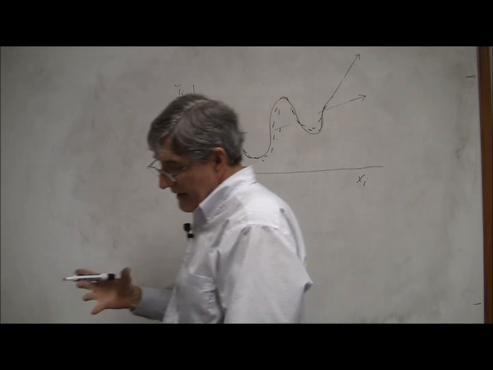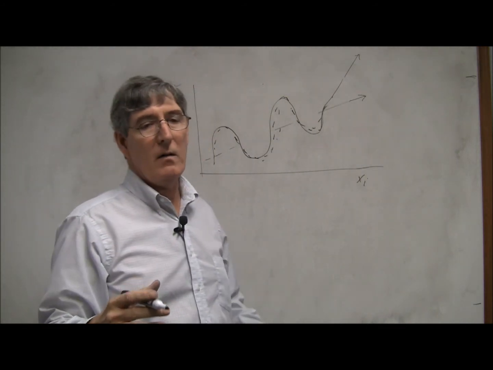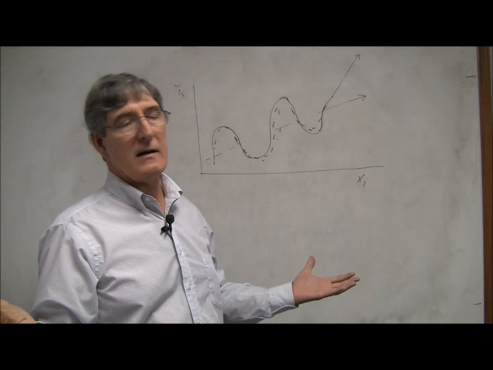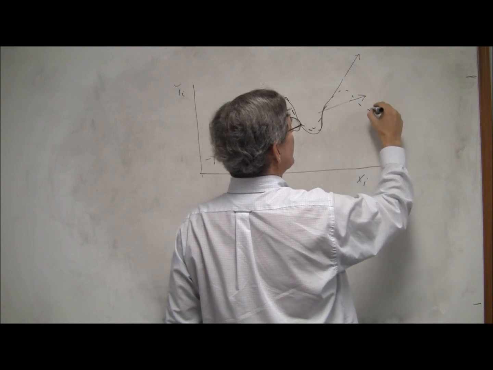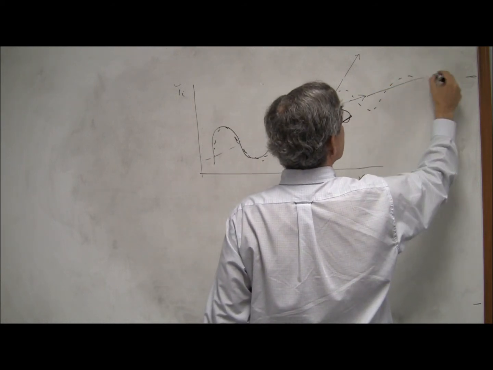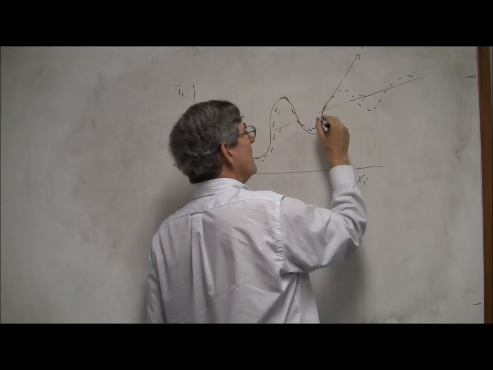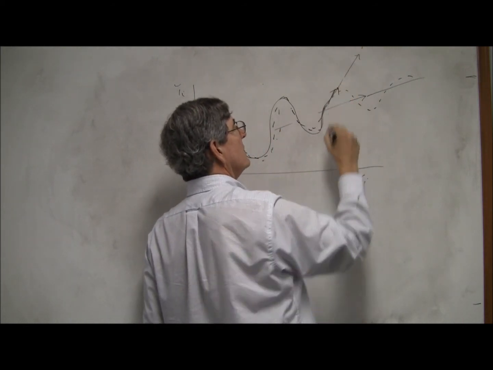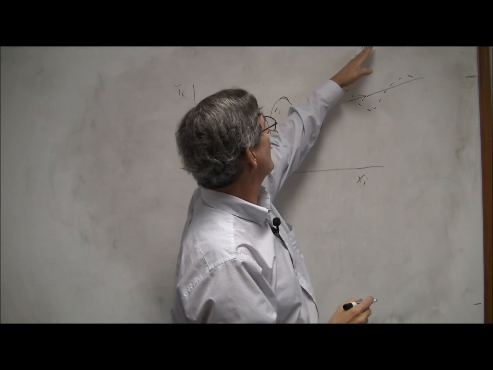When you fit the data in sample really well, sometimes you fit it so well that you don't predict very well out of sample. If these data are going to actually go like this, the prediction from the linear model is actually closer than this one from the nonlinear model that's pointing upward at this point. If you just kept extrapolating, oh, we're going to go up and up and up.